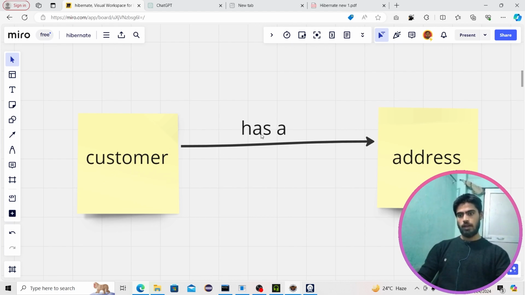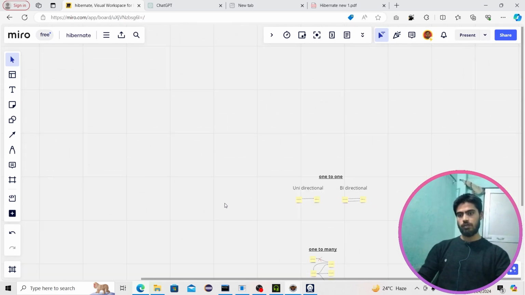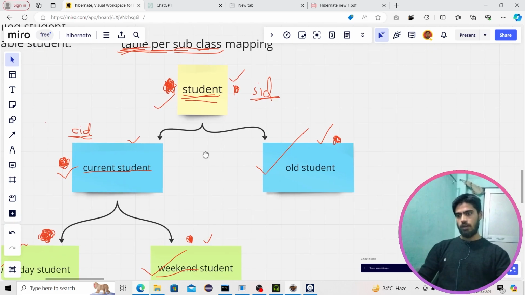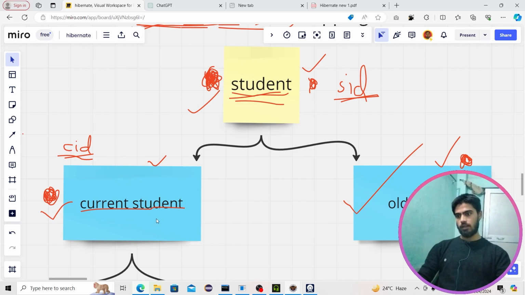Customer has an address, but what happens in inheritance mapping? In inheritance mapping, there is a student and another class, current student. We cannot say that current student has a student, or that student has a current student.